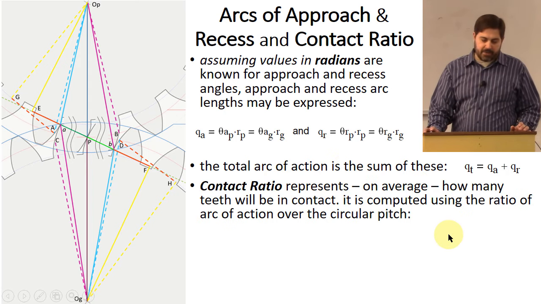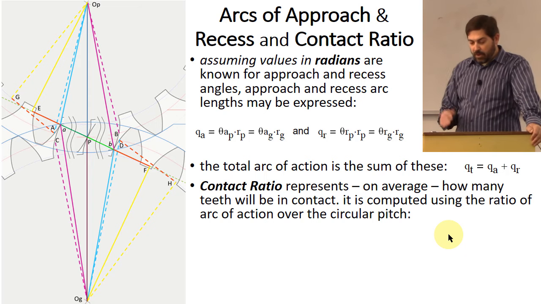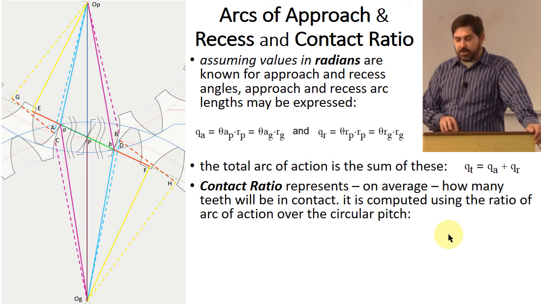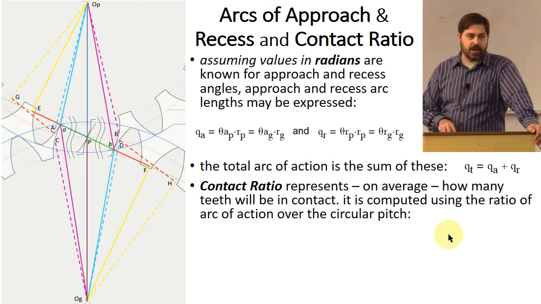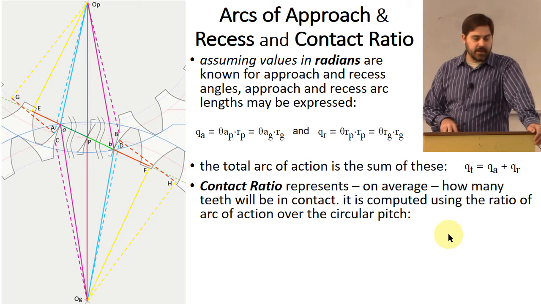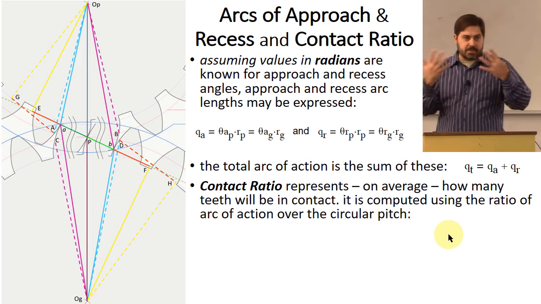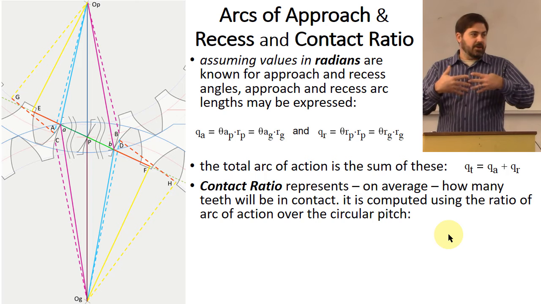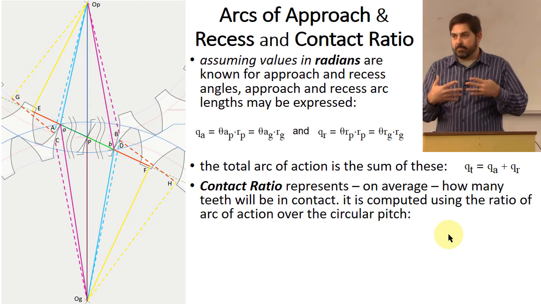Why do we care about the arc of action? Well, one of the things that's important when we're designing gears is to make sure that we have enough of a parameter called contact ratio. Contact ratio represents, if these things are running at a constant speed, on average, how many teeth are touching at one time.